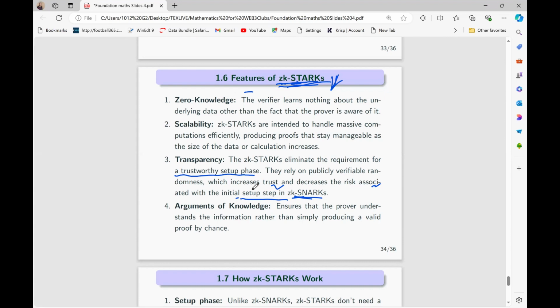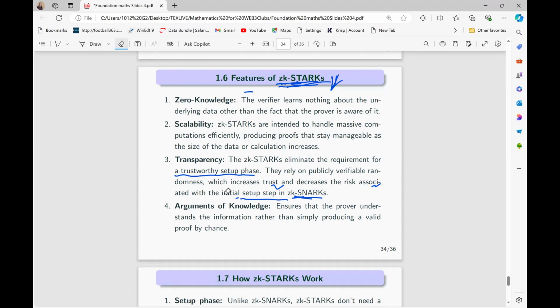We want to be sure that the prover is not just stumbling on valid proofs and giving them to us. Today I said I will begin with this theory, and then we finish with the mathematics, which is example 4 above.